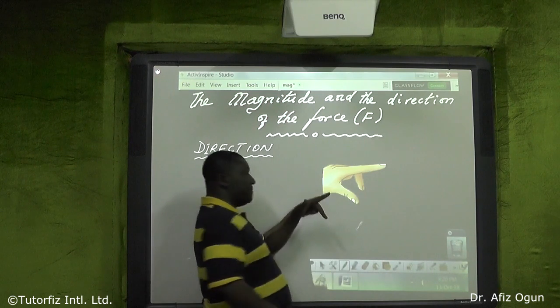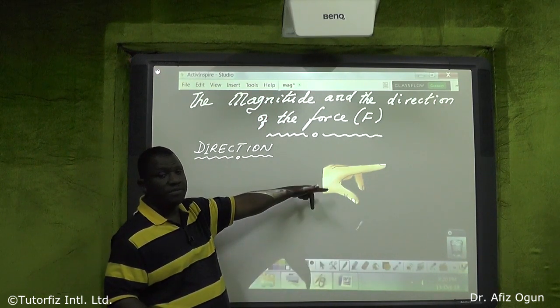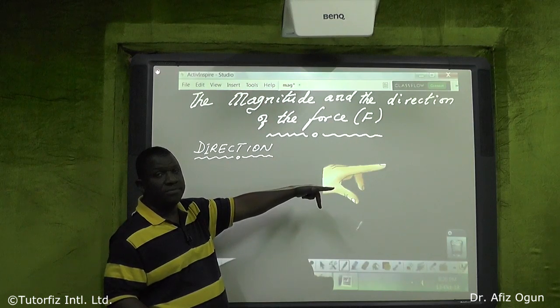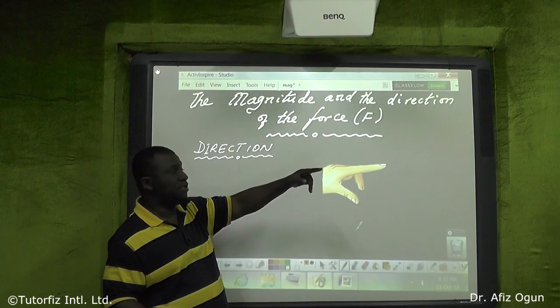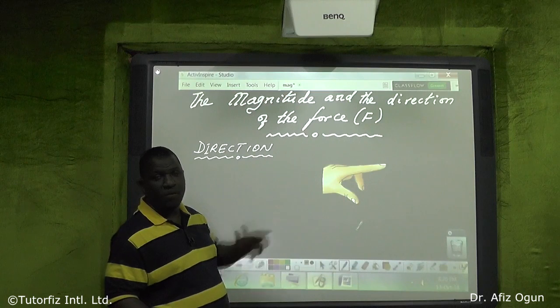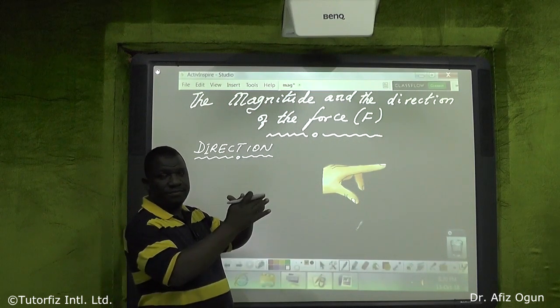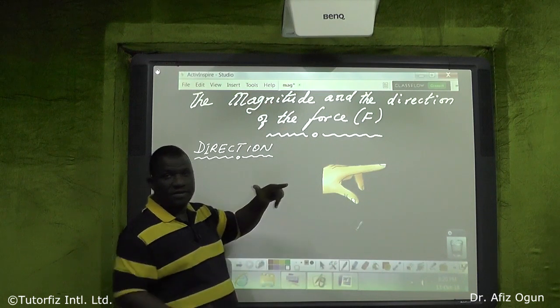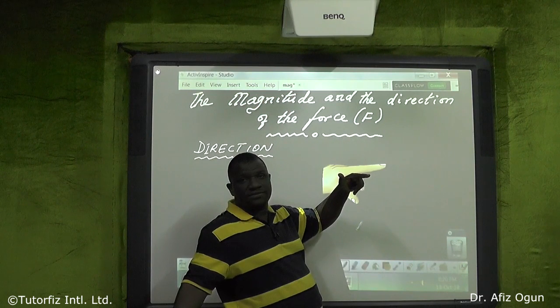Stretch your left fingers: the thumb, the first finger, and the middle finger. When you stretch them at right angle to each other, this is the magnetic field, this is the force, and this is the current.